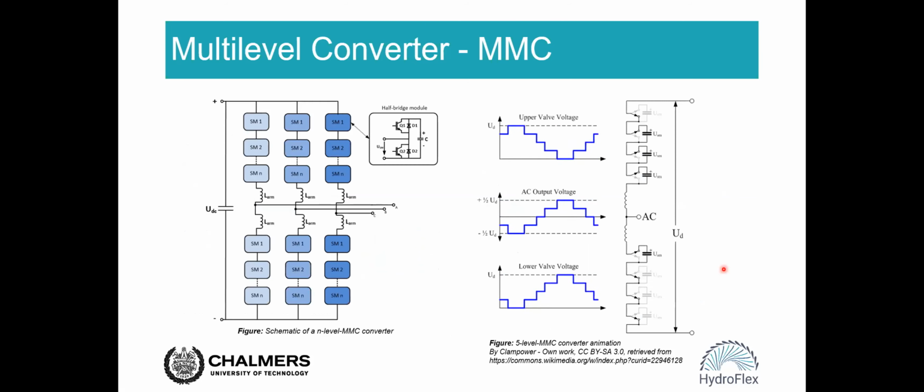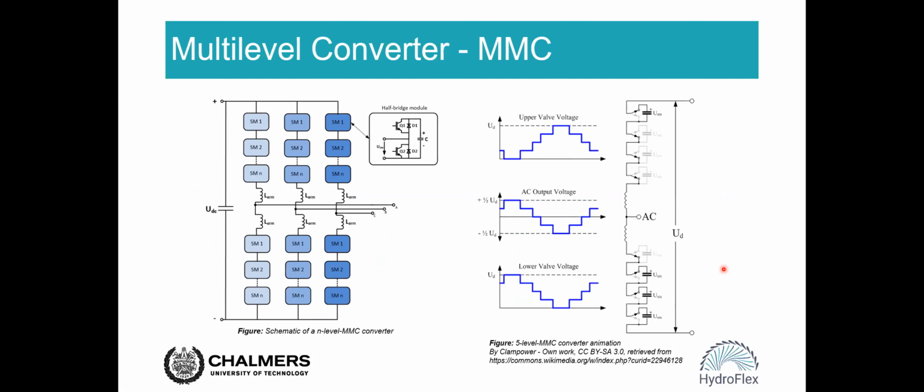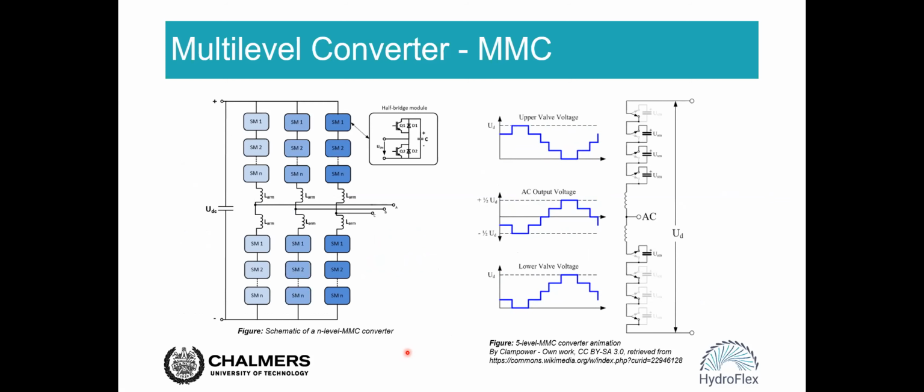This slide is about another converter, which is called the modular multi-level converter, or MMC in short. On the left side is a schematic of an N-level MMC converter. In each phase leg, we will have 2 times N submodules.